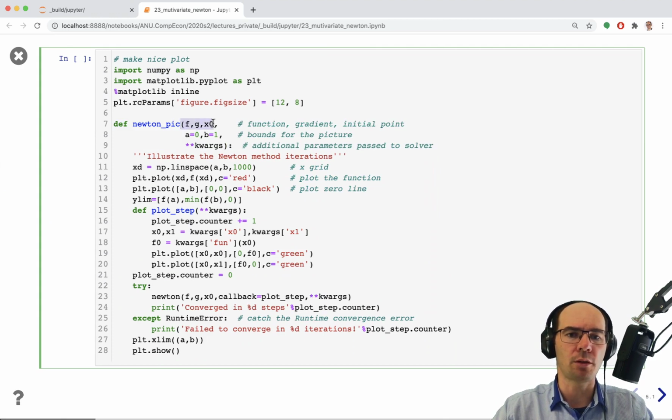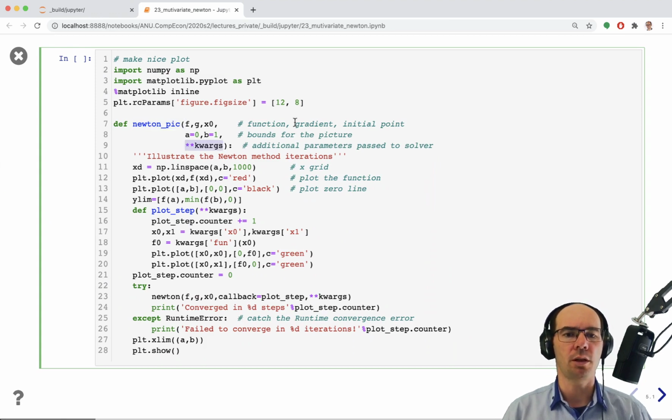As you can see, the main arguments for the Newton method are here, but then also there are bounds for the picture and additional arguments that are passed into Newton itself, so that we can change the tolerance level or the maximum number of iterations if we need to when calling this newton_pic function.